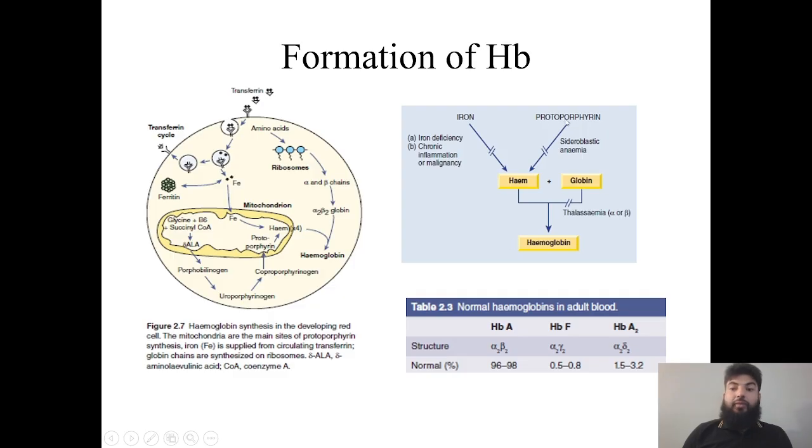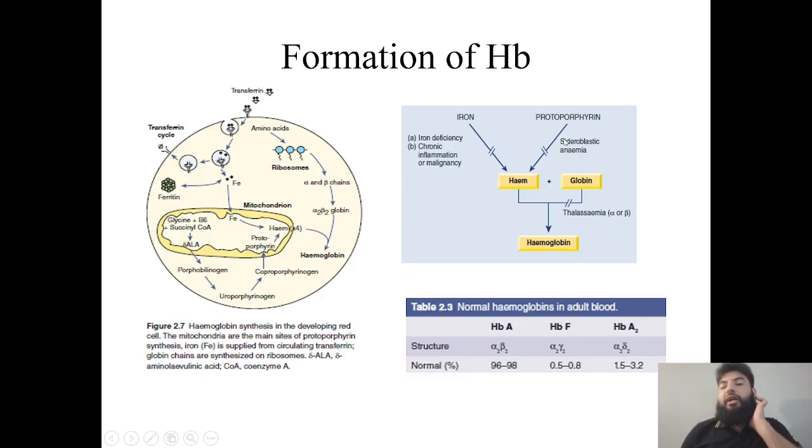On the right, you can see the protoporphyrin, which we get from the combination of glycine, B6, and succinyl CoA. All these are required for the formation of protoporphyrin.